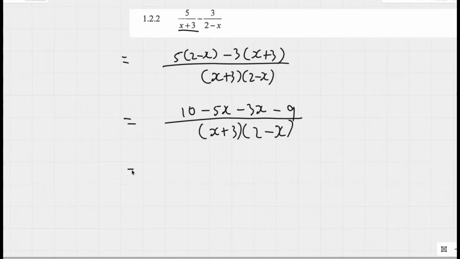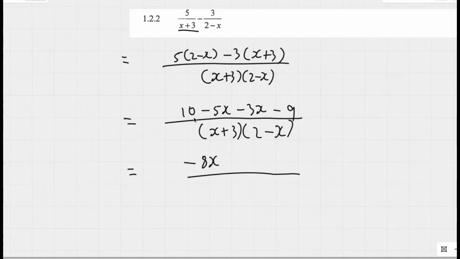And lastly, we're going to look for like terms on the top. So here we're trying, once again, to write our answers in descending powers. So we look at the x's first. We have a negative 5x and a negative 3x. That's going to be negative 8x.